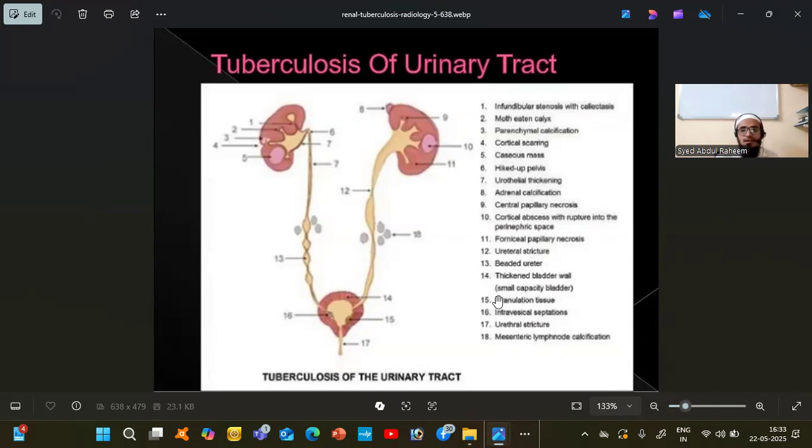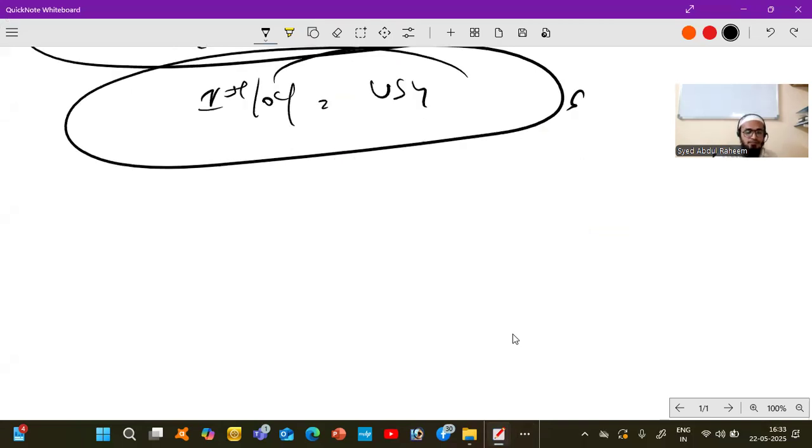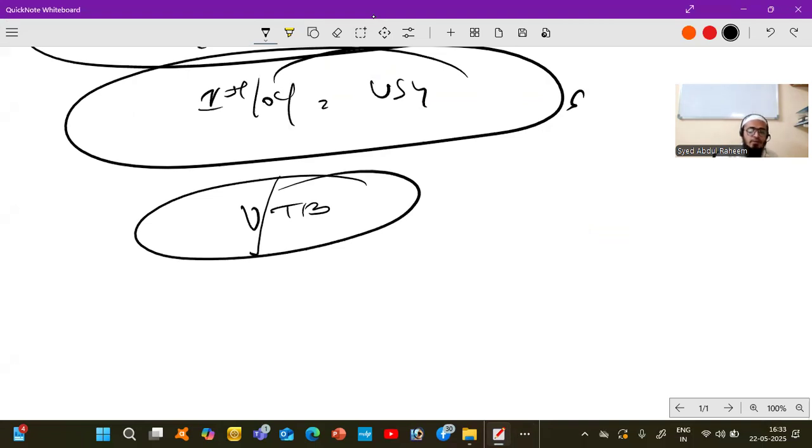We will not go into detail, but tuberculosis of the urinary tract is the third most common disease according to the pathology of the urinary tract. What is the investigation of choice for urinary TB?